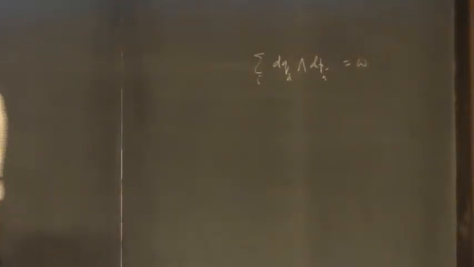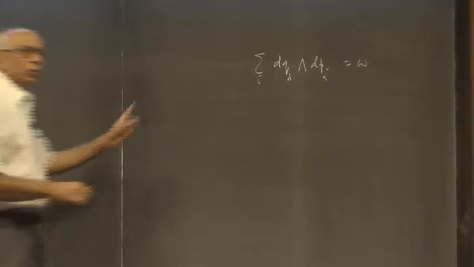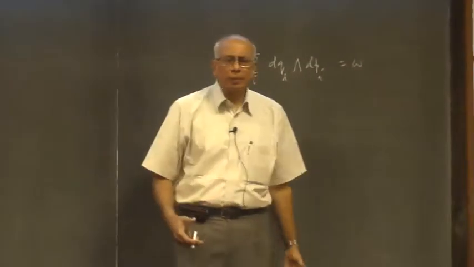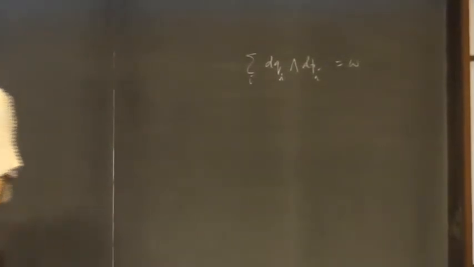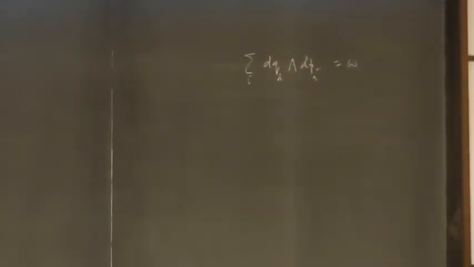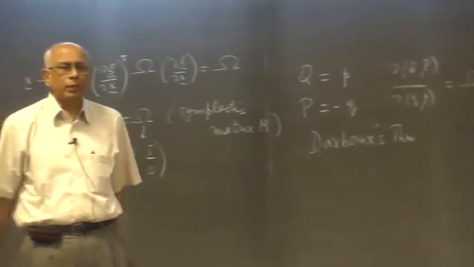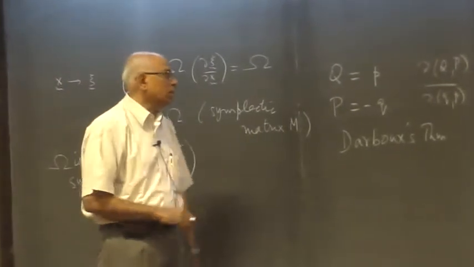So the theorem says you can always find such coordinates locally at every point. And of course, once you have that, then you go on doing wedge products of this, and they're all invariants. They're all the Poincare invariants of the flow. The last of these, when you take an n-fold wedge product of this, is the volume element in phase space. So Hamiltonian flow is a very special kind of flow, very tightly constrained from all sides.